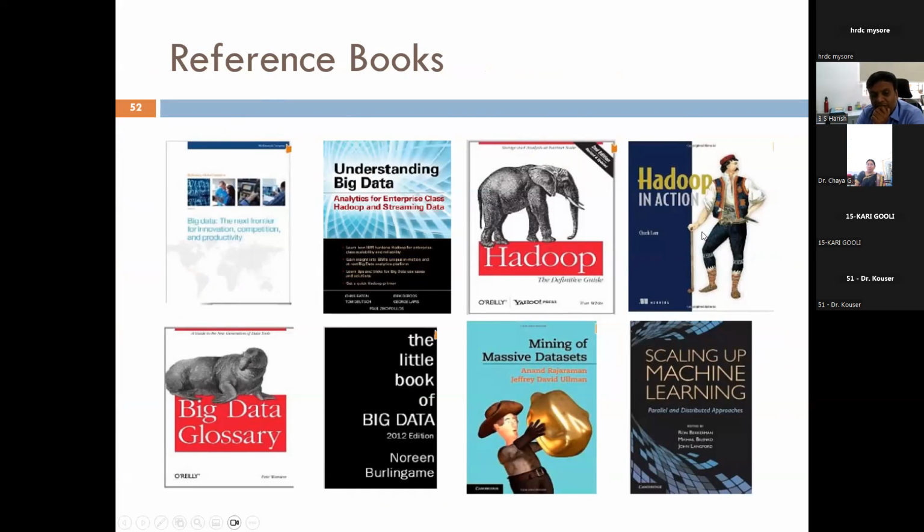I strongly recommend Mining of Massive Data Streams, written by Ullman, and you can go with Fundamentals of Big Data Analytics, the book written by the RLD publishers. I think they are the best books that are available.